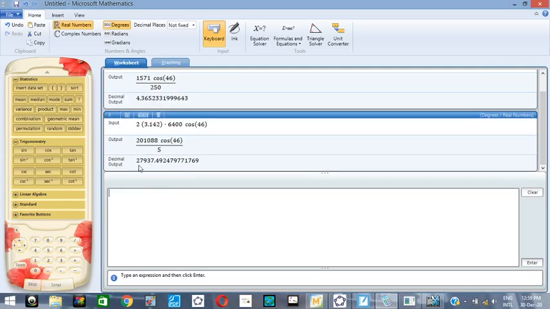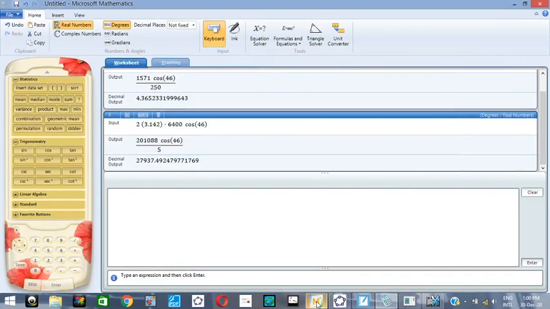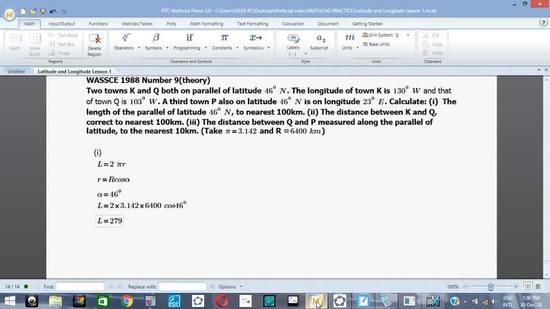Alright, so this is our radius. 27,937.49. And the unit is kilometer, so we put km there, and the question says to nearest 100 kilometer.